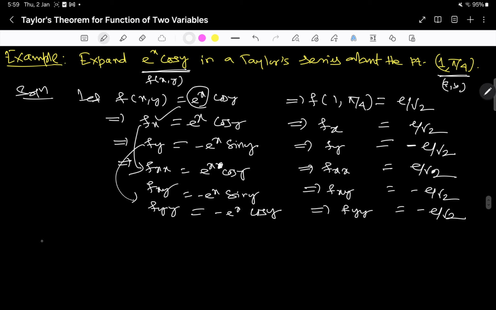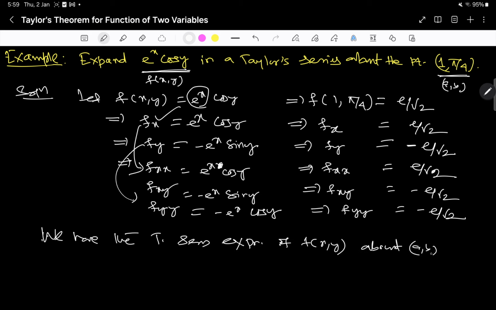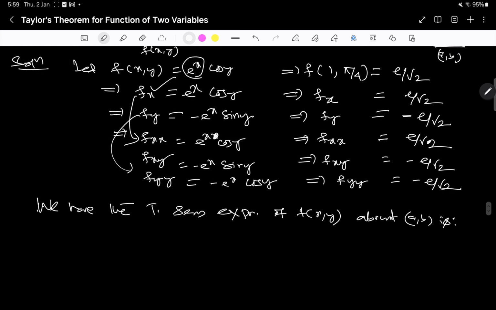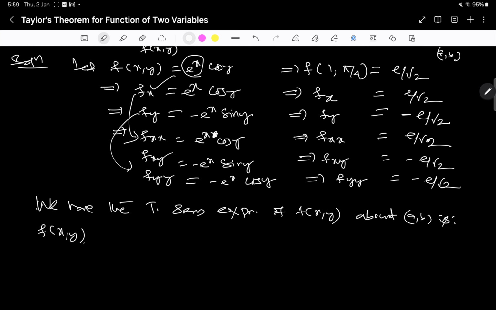Okay. So therefore, what is my Taylor series expansion? Thus, we have the Taylor series expansion of f(x,y) about (a, b) is f(x,y) is equal to f(a,b) plus (x minus a) fx(a,b) plus (y minus b) fy(a,b).